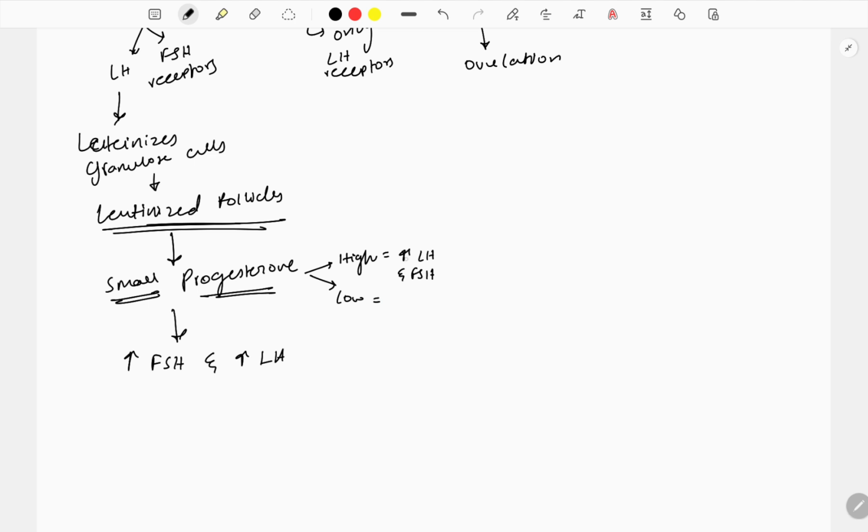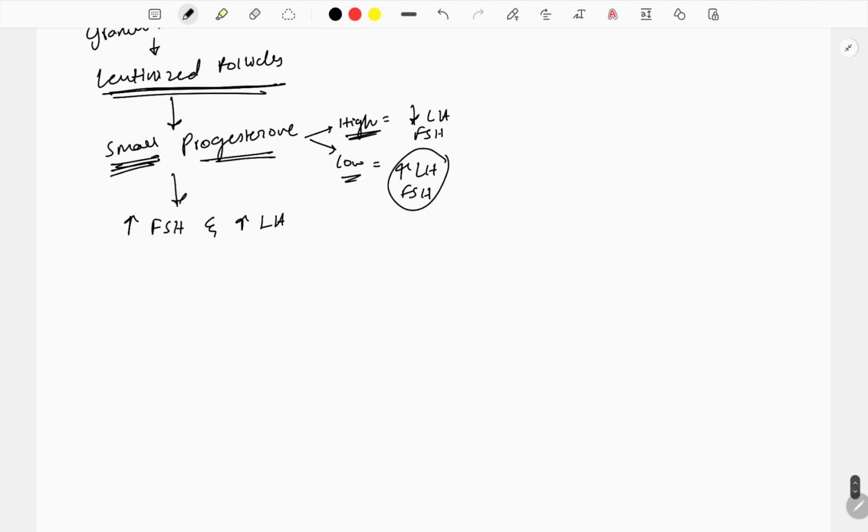If it is in high amounts, it decreases LH and FSH, and if it is in low amounts, it increases LH and FSH. So now, because these luteinized follicles produce just a small amount, there is increased LH and FSH. So what do we understand here? Just before ovulation, there is both an LH and FSH surge.